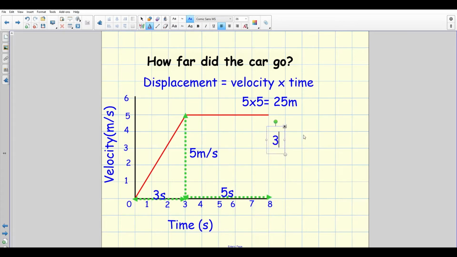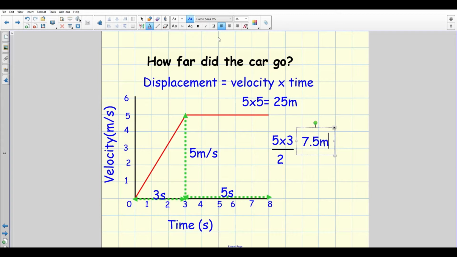So I need to do 3 times 5, so 5 meters per second times 3 seconds. But then I need to divide that whole thing by 2. Okay, so 3 times 5 will be 15, divided by 2 is 7.5 meters.